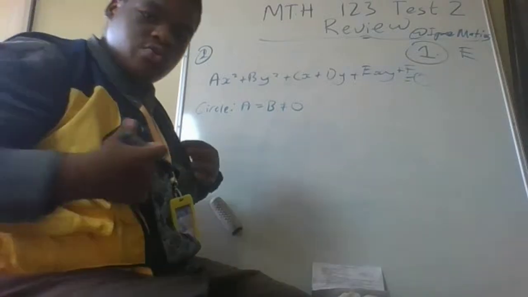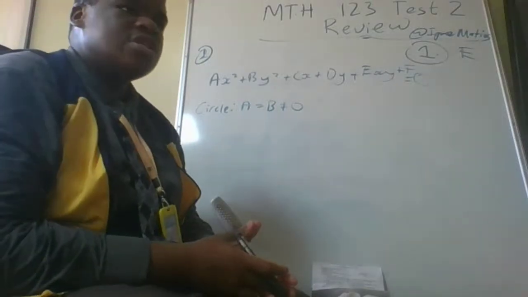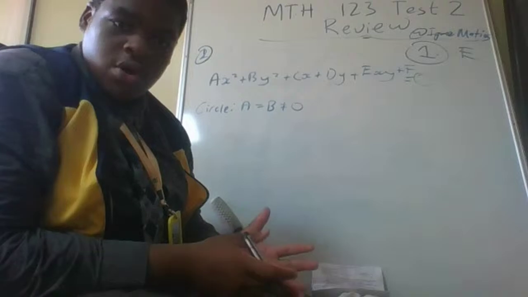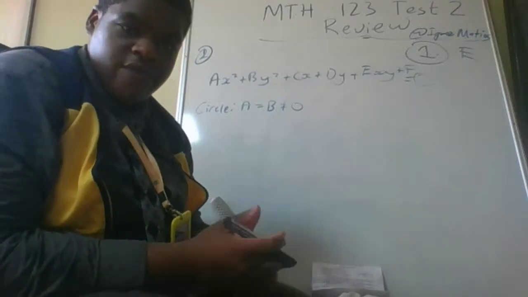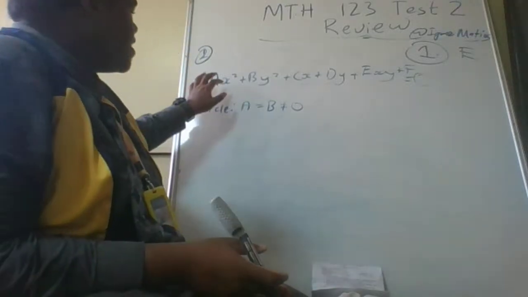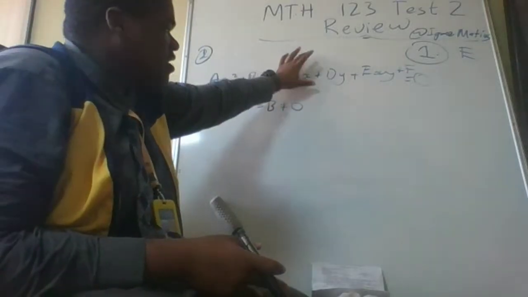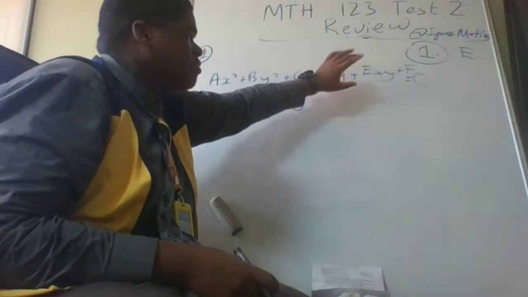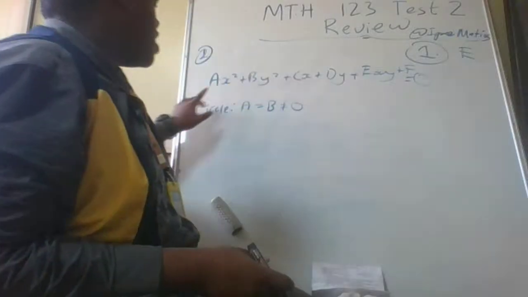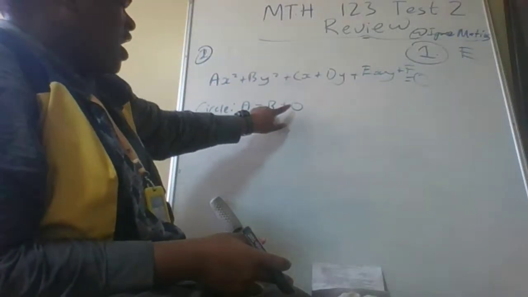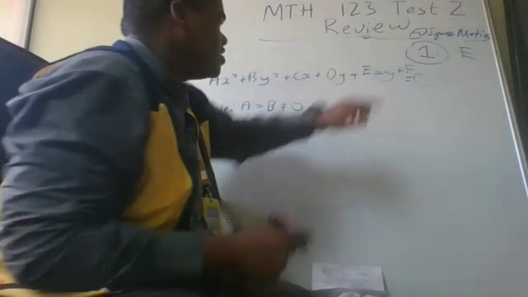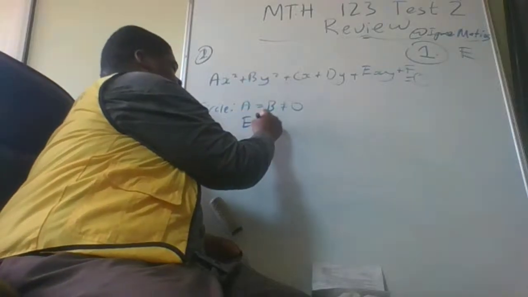If you look at the general form of a circle, you have x squared plus y squared plus an x term plus a y term plus an f term. So you have A equal to B, both not equal to zero, and the xy term should also equal zero.